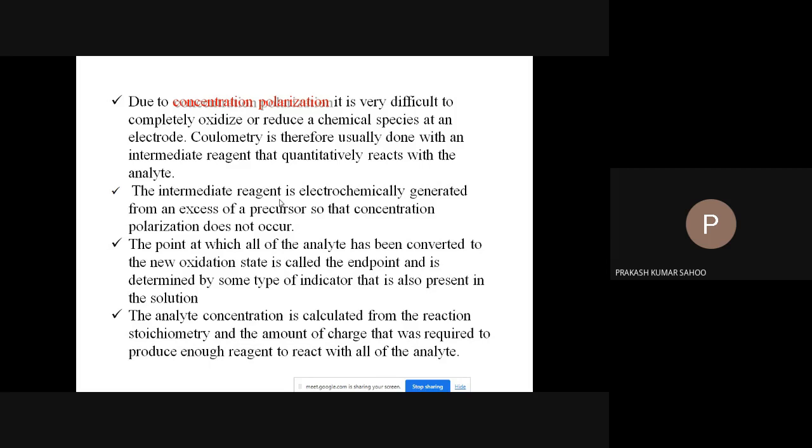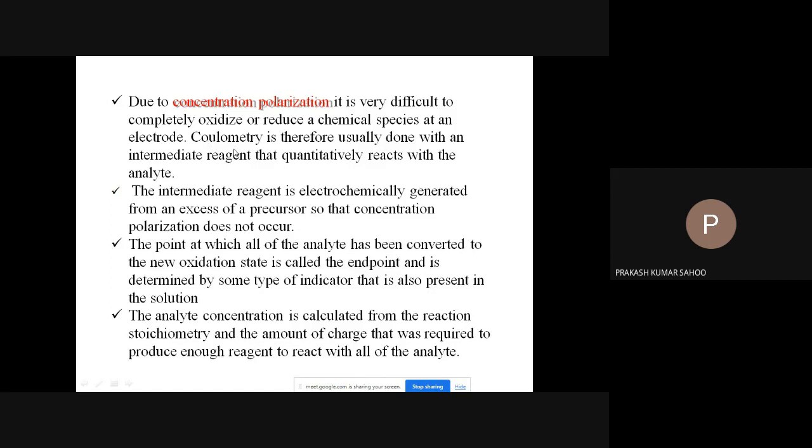Coulometry is therefore usually done with an intermediate reagent that quantitatively reacts with the analyte. The intermediate reagent is electrochemically generated from an excess of a precursor so that concentration polarization doesn't occur. The point at which all the analyte has been converted to a new oxidation state is called the end point. So like in our titration, there is an end point.